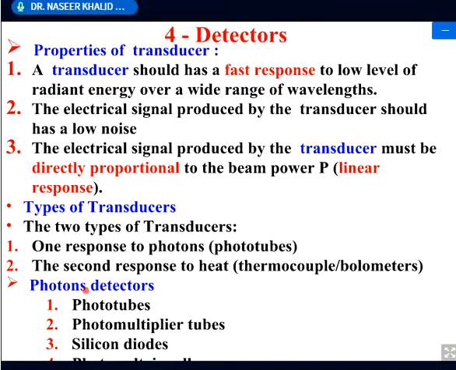And for the photon detector, phototubes are there, photomultiplier tubes are there, silicon diodes are there. So we will be restricting our discussion up to the first two only, rather only one, because both are related with each other.